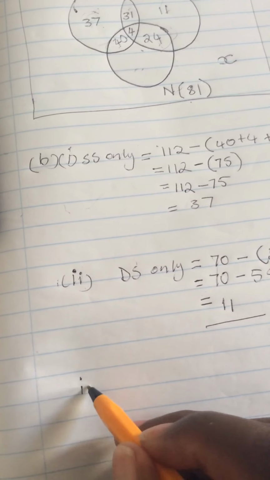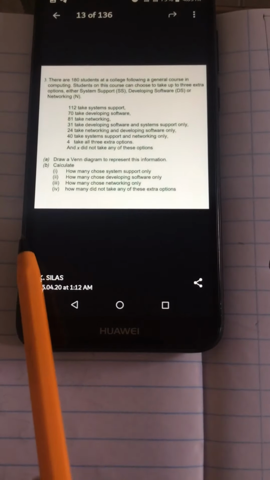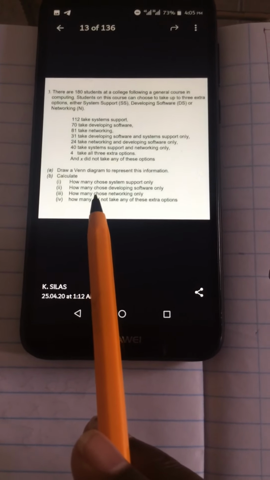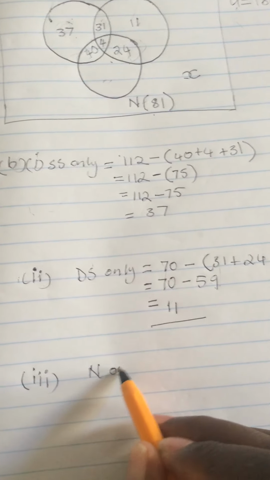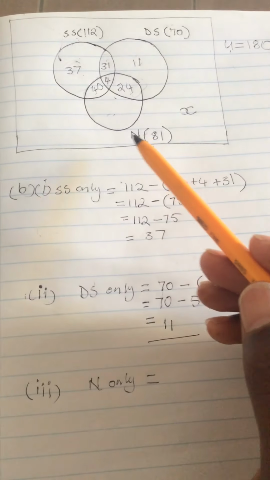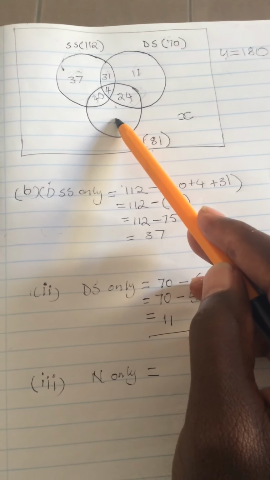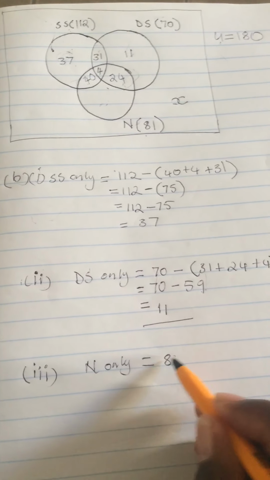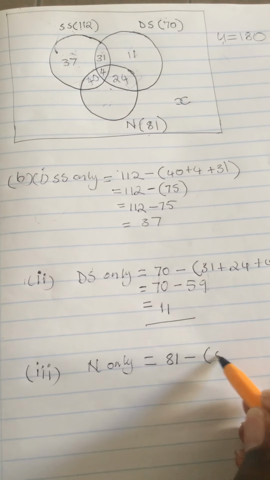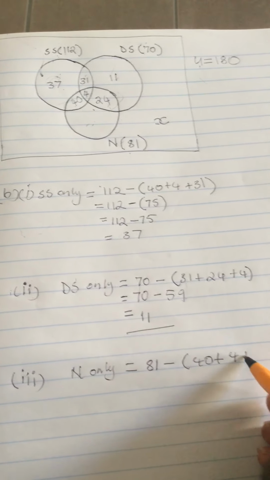And let's go to Roman 3. It says how many chose networking only? Networking only, same approach again. You said that the sum of this number plus this number plus this number plus networking only must give you 81. Therefore we subtract the sum from 81. 40 plus 4 plus 24.